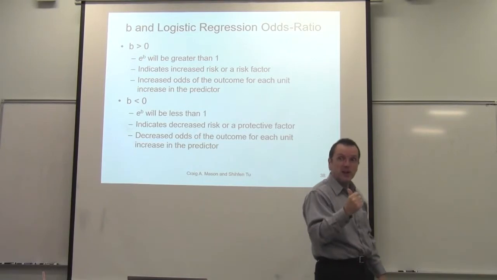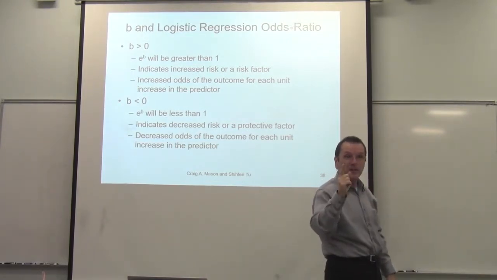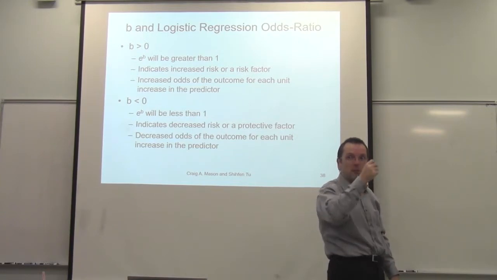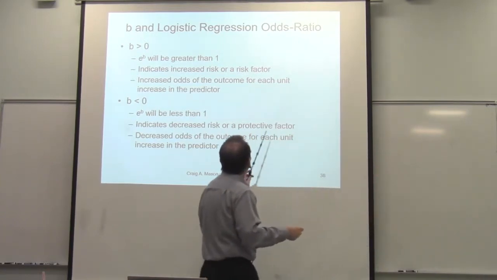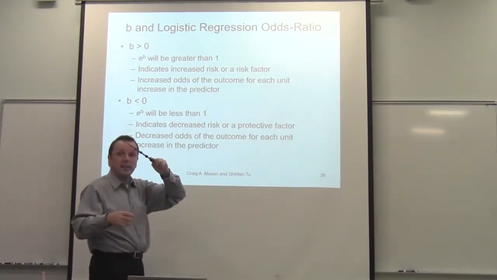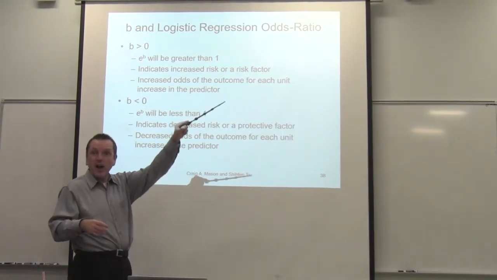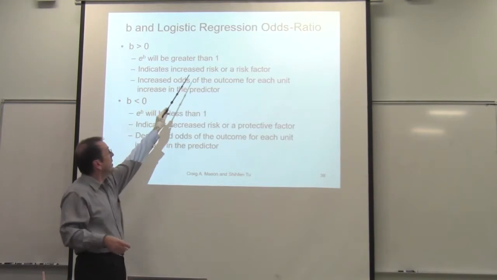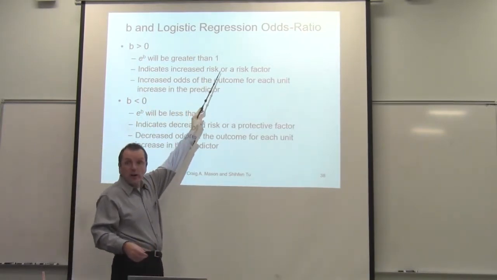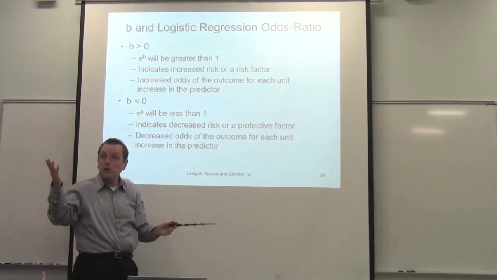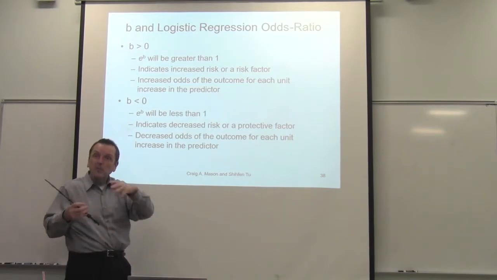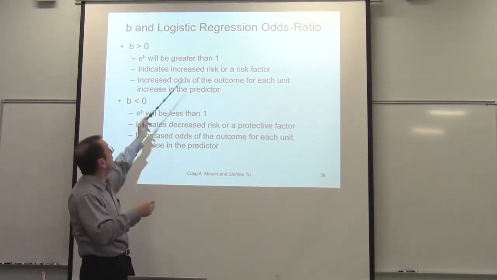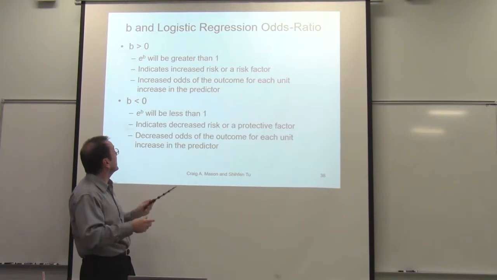Another unit increase, the odds double again. So the odds of the outcome get higher and higher with every unit increase. Odds ratios greater than 1 correspond to a regression coefficient greater than 0.